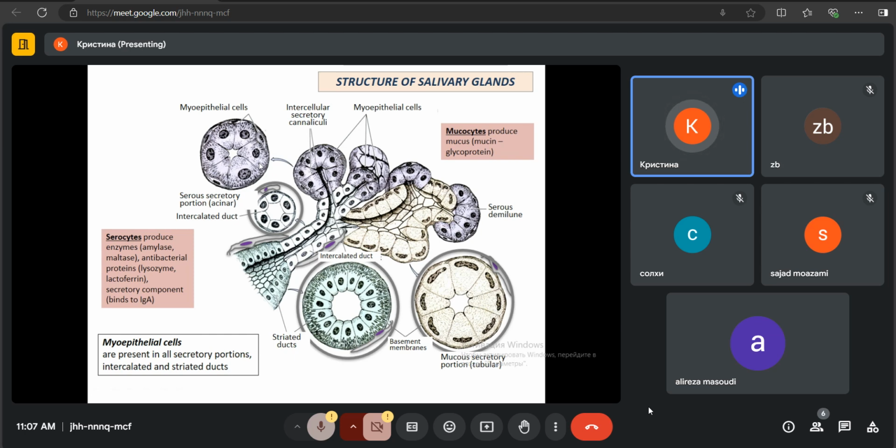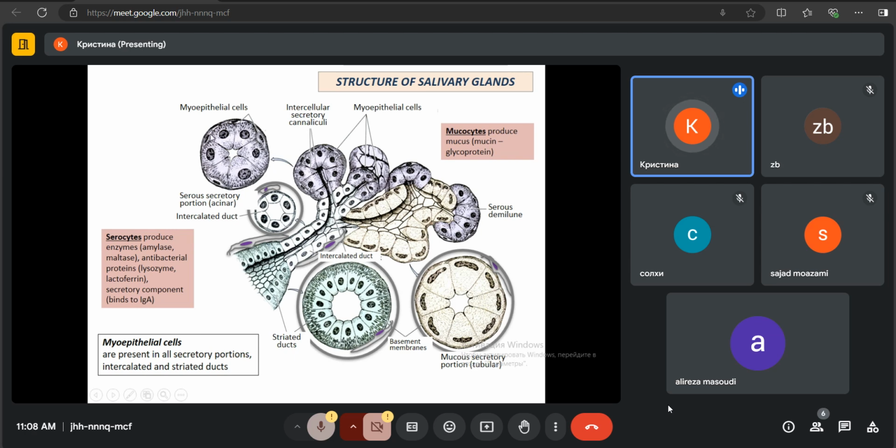So the immunoglobulin is protected, and it is transported through the cytoplasm of the serocyte and is released with the saliva into the lumen of the secretory portion and then through the ducts. So our saliva also contains immunoglobulin A, produced by plasma cells.